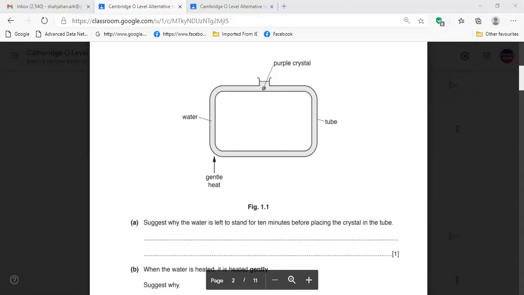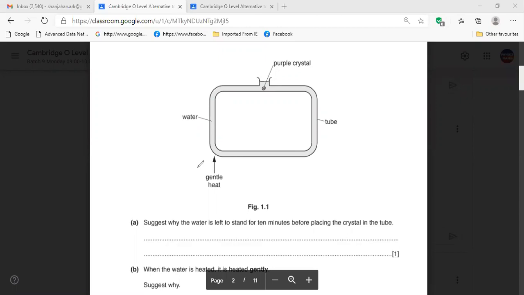Hello. Yes, sir. I wrote so that we are allowing the water to get settled. Yeah, Tamjid, what did you write? Sir, I could not write this.